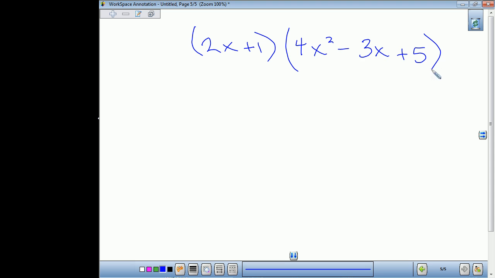Okay, so now let's do something bigger than a binomial. Let's do a binomial times a trinomial. Is that a 2? Yeah, exactly. We'll let that be a 2. 2x plus 1, times 4x squared.